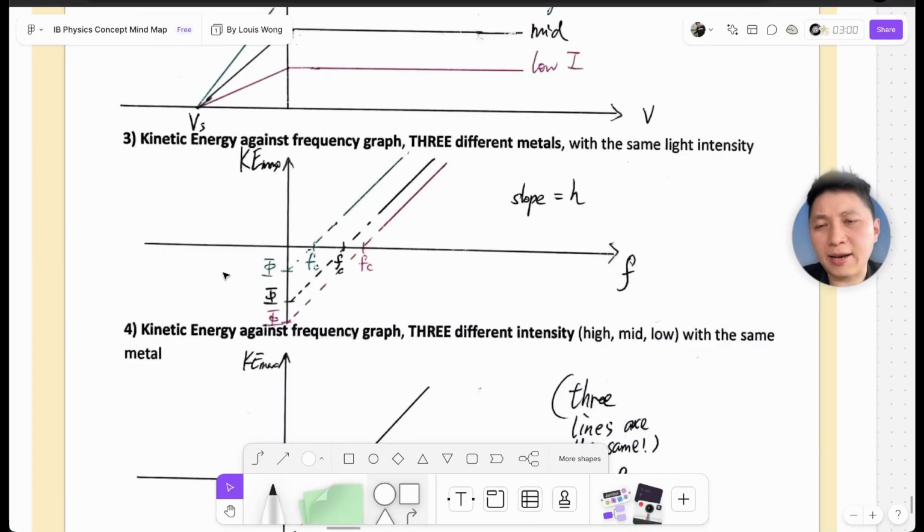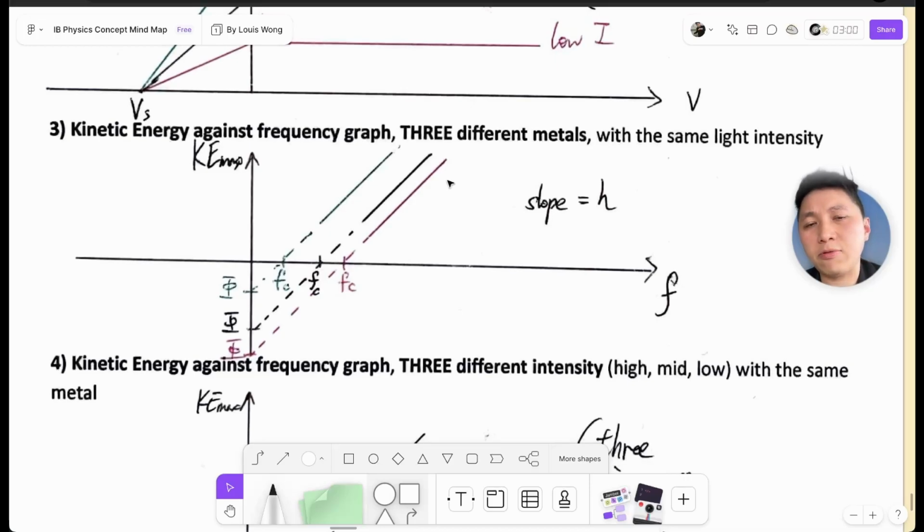Number 3 is another graph, KE against frequency. I'm sure you have seen it. A quick recap: let's say you have 3 different metals, then they of course have different work functions. On this graph, a very elegant thing you can find is that the y-intercept is the work function. On the right, you can see I wrote the slope of all 3 lines.